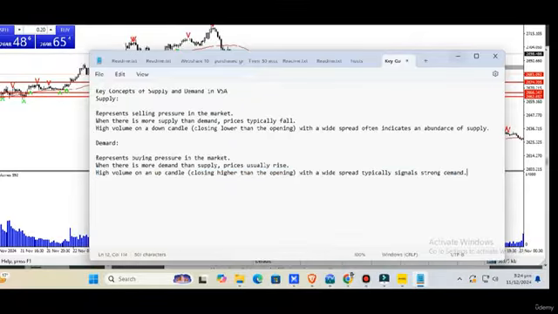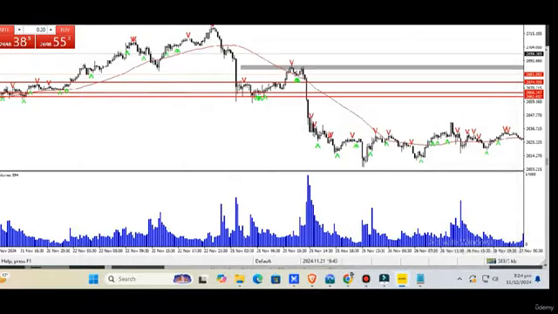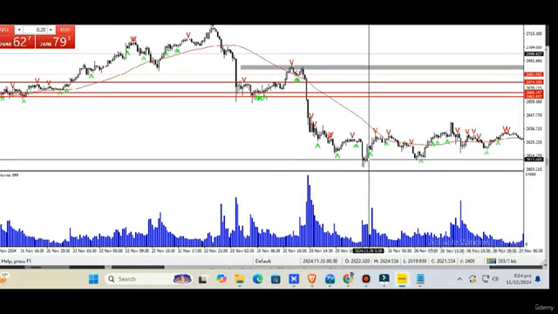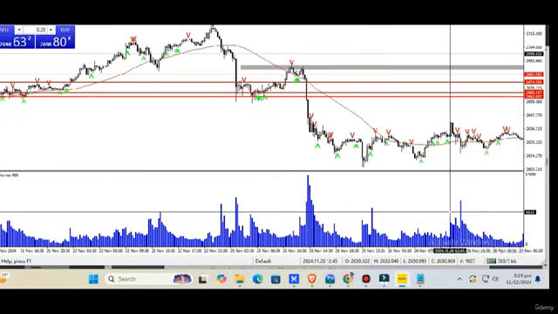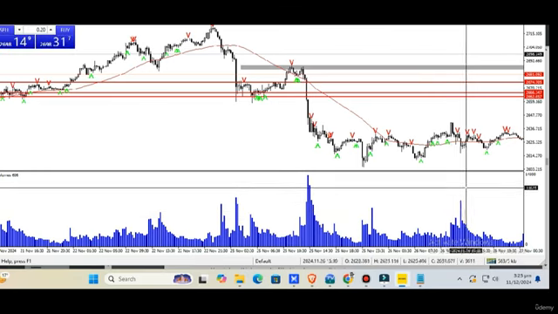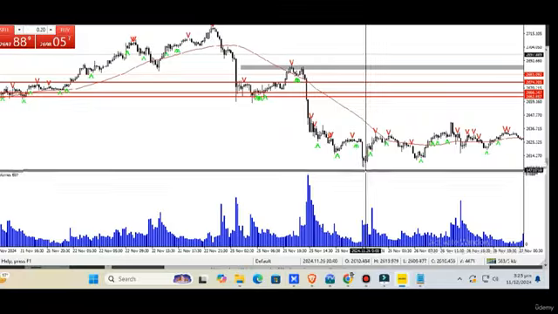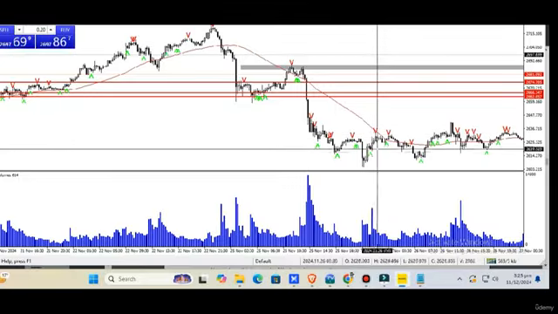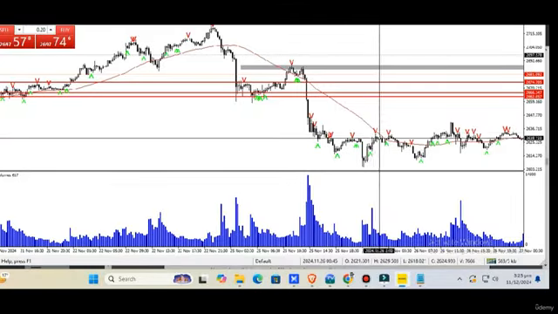So again, here we already confirmed that there is buying pressure and a very high volume. Where is high volume? Yes, here is high volume, but the candle is downside, so we will not consider it here. We will consider this one, there is no demand.